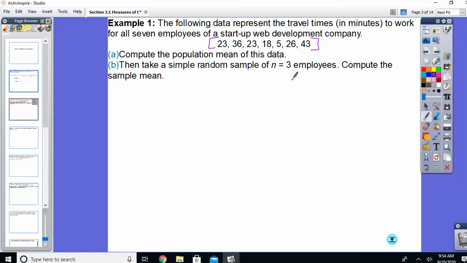All right. I want the population mean for that. So how do I find it? Add them up. What variable would I use? X bar or mu? Mu, because it's the population. So I'm going to do 23 plus 36.